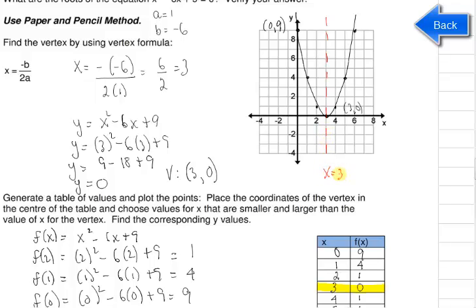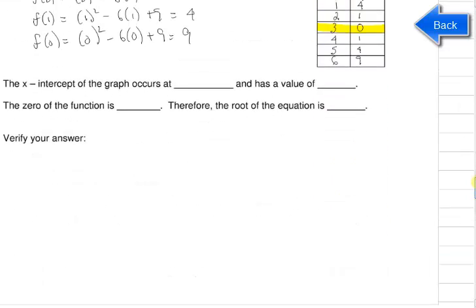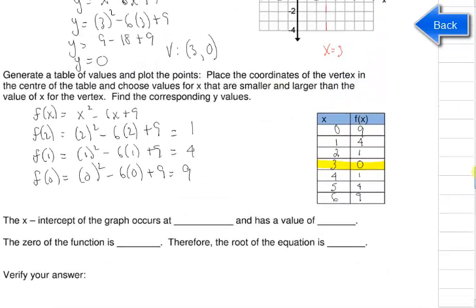at x equals 3. Now, if you take a look at this graph, you can see that you have only one x-intercept. It happens to be the vertex. So if we go down, we can fill in the blanks.